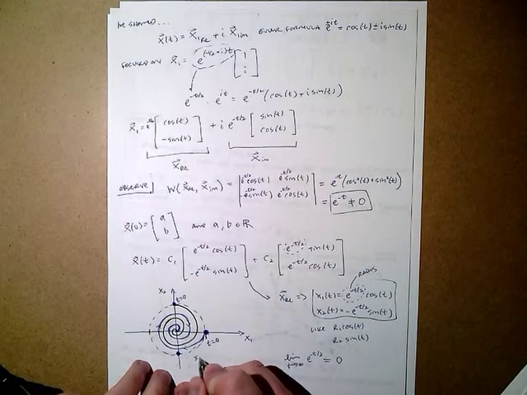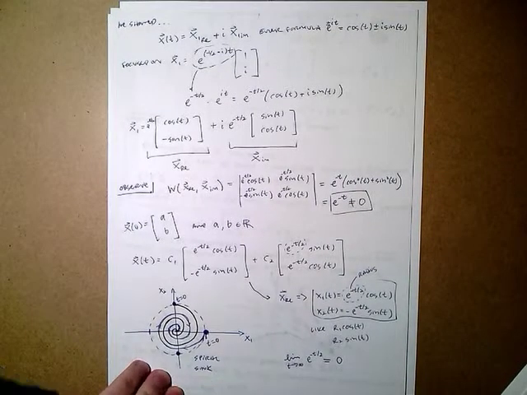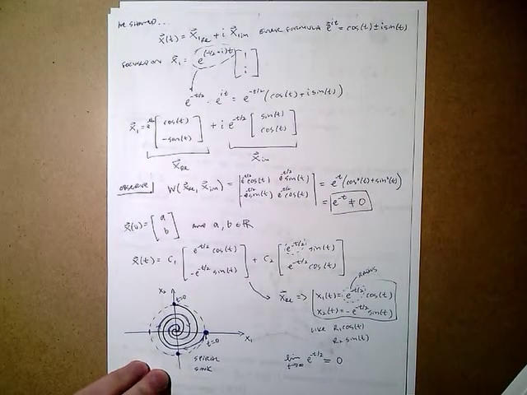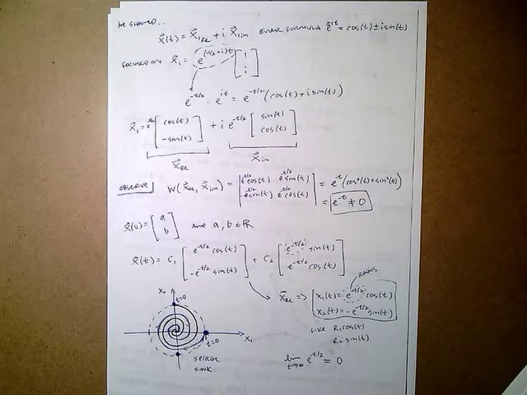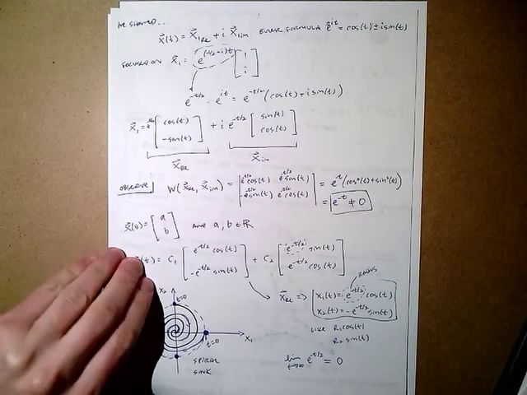This is called a spiral sink. And it approaches the equilibrium solution, in this case, with spiral trajectories. And in this case, this is a stable equilibrium solution. And as you might guess, we might also have trajectories that spiral outward.